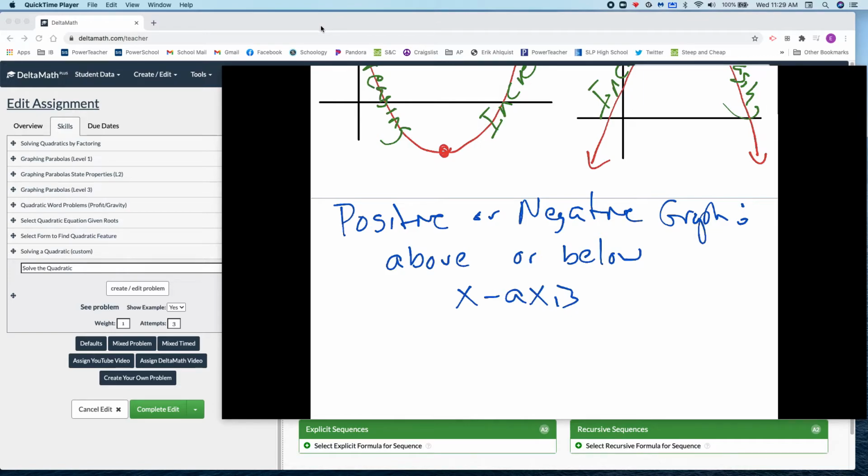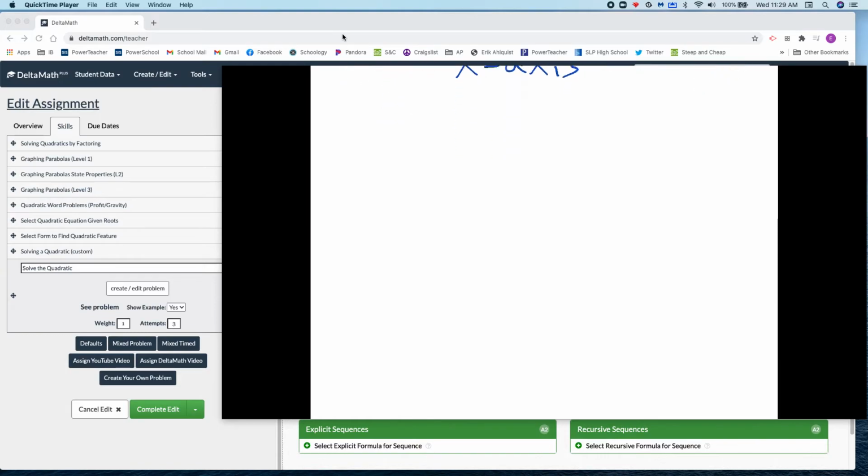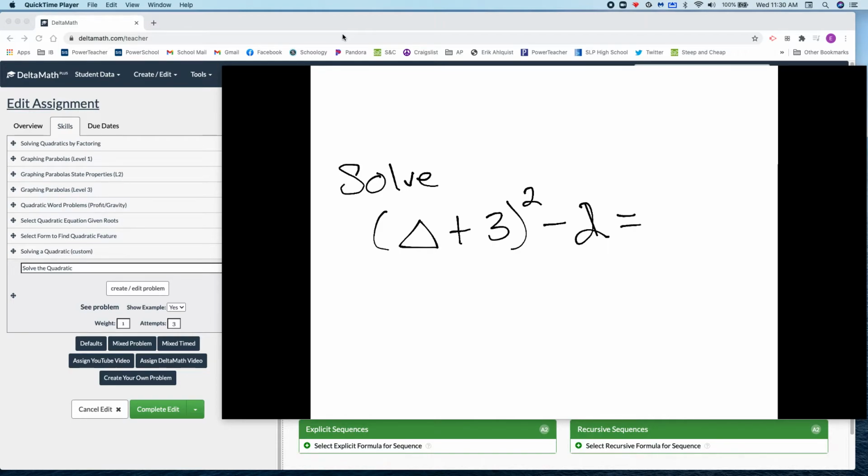One more thing before I do a couple of these problems is I may end up having you solve something like this. Solve, and I'll use the Greek letter delta, delta plus 3 squared minus 2 is equal to, let's do 23.